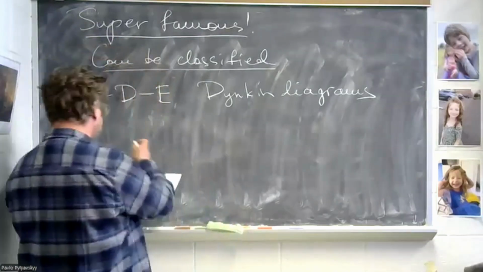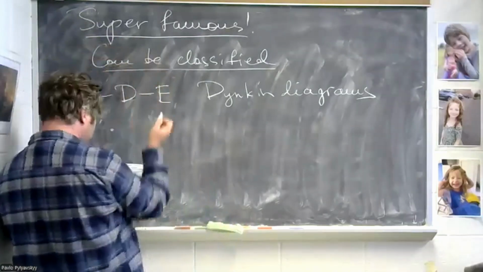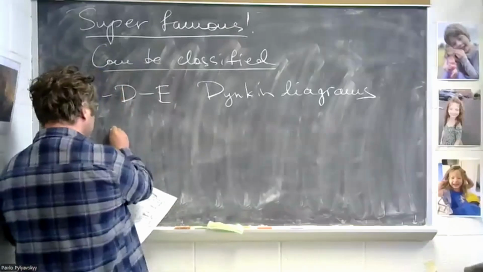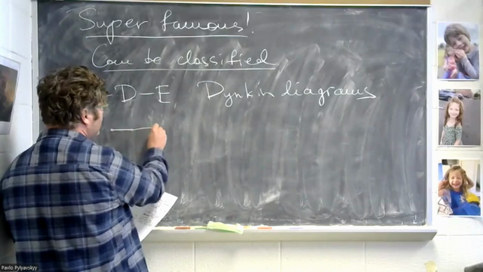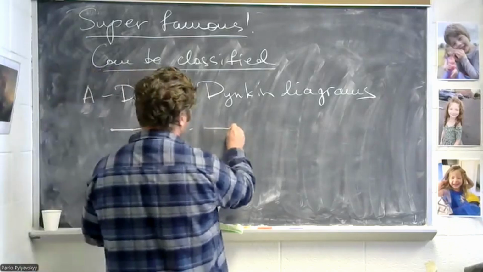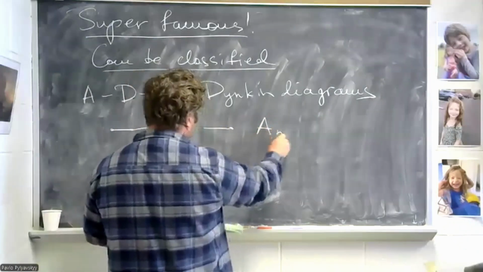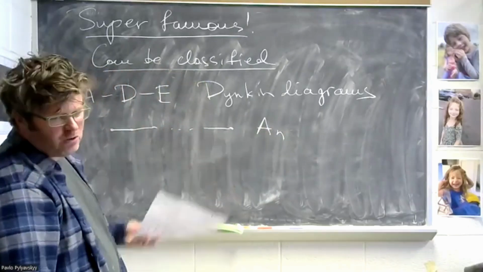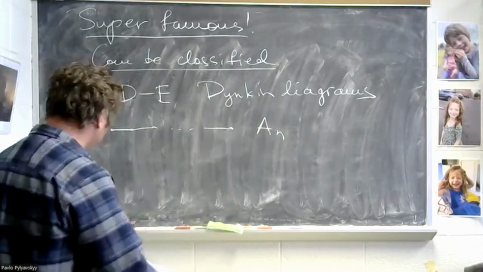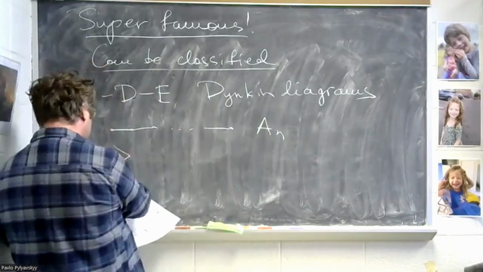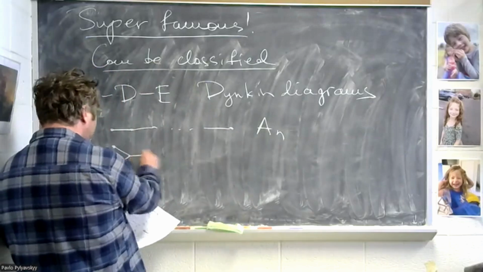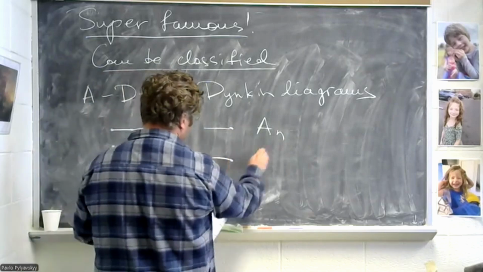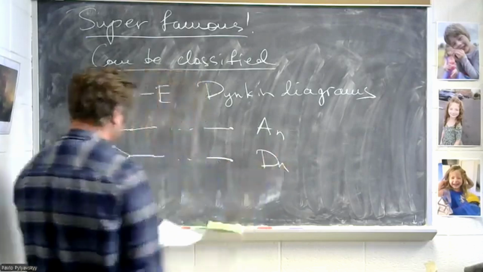First of all, they're very easy to draw. There are two infinite families and three exceptional cases. One of the infinite families is what we already saw, the path, which is called A_N. So the path with n vertices is called type A_N. The second infinite family is a path with a fork at the end. This is called D_N.